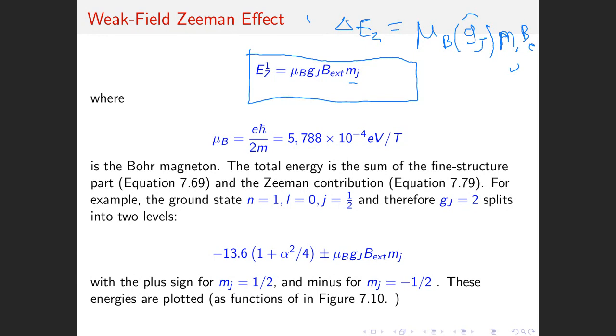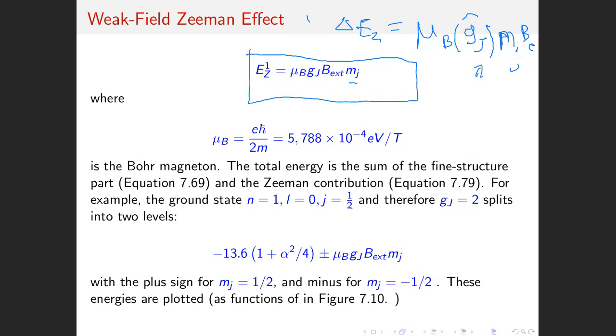So let's look at the simplest case, which involves n equals 1, L equals 0, J equals a half. For this, you have to find the Landé g factor, so you have to calculate that.